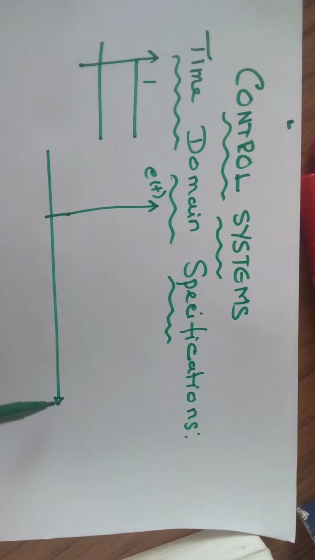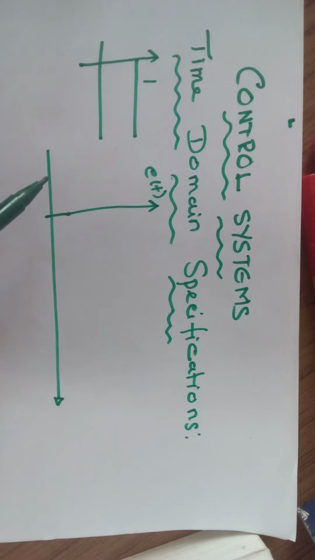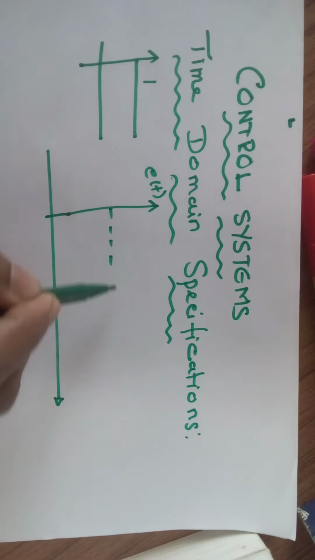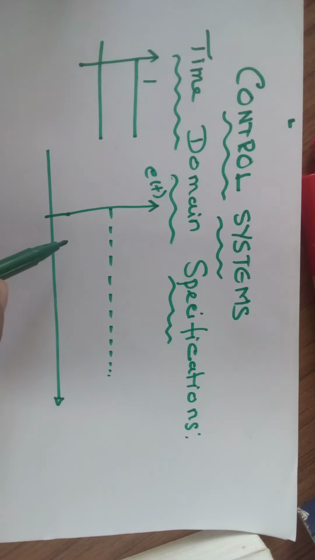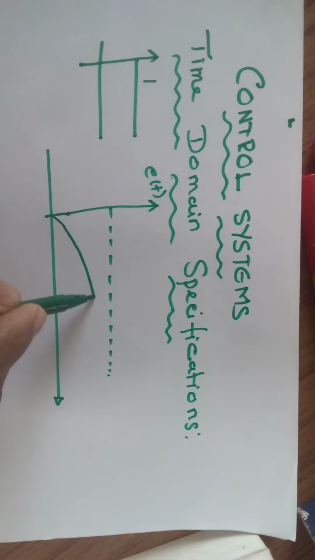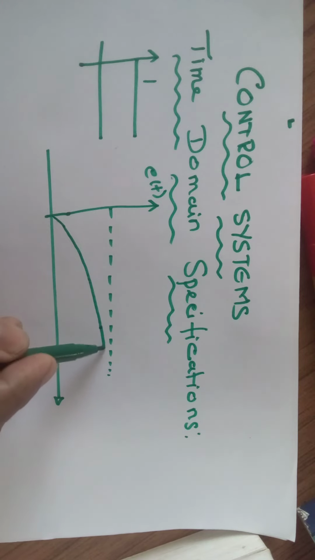For different values of damping factor, you will get different responses. We have already seen the different cases of systems depending upon the value of this damping factor. Suppose the system has a high damping factor, for example zeta equal to 2, then it will take more time to reach its steady state response.